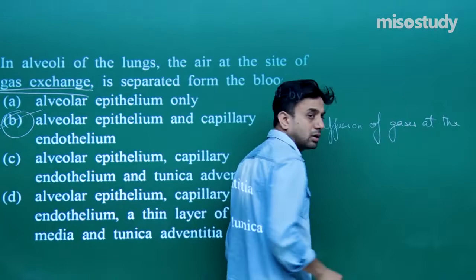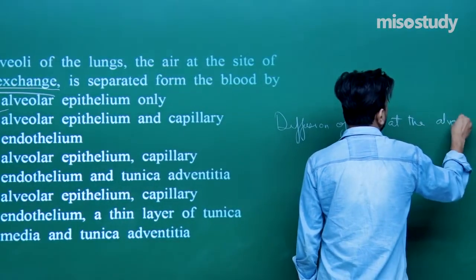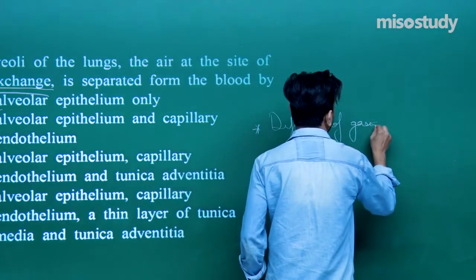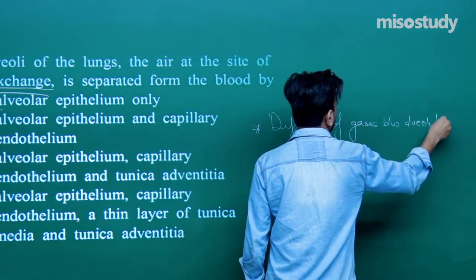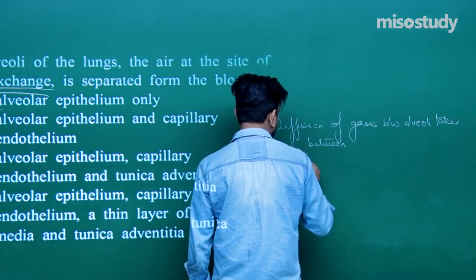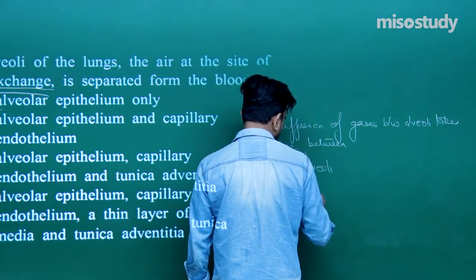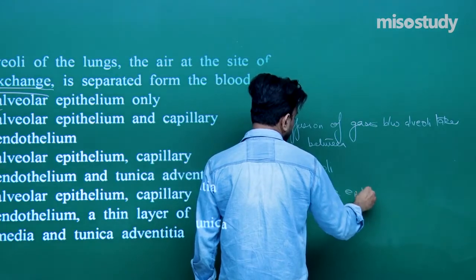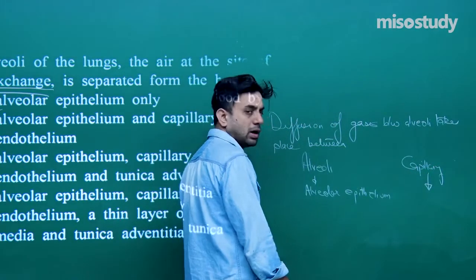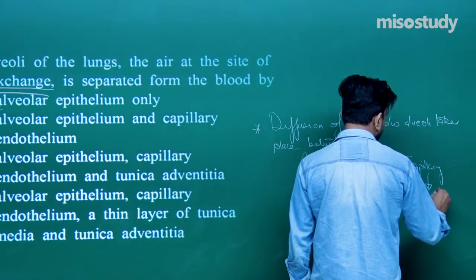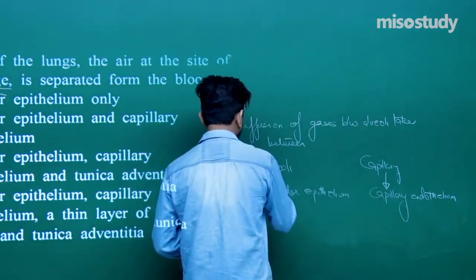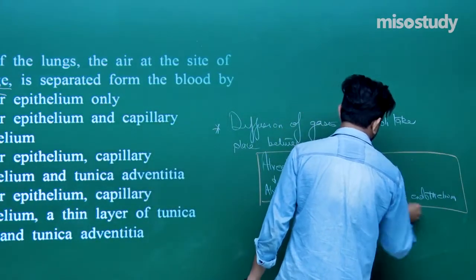Diffusion of gases between the alveoli and the capillary takes place through, for the alveoli, the alveolar epithelium, and for the capillary, the capillary endothelium.